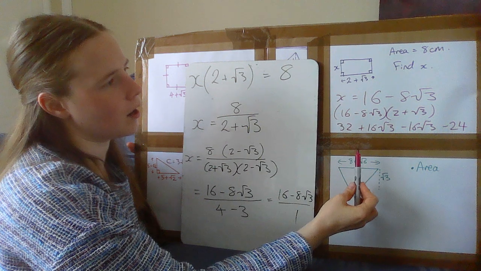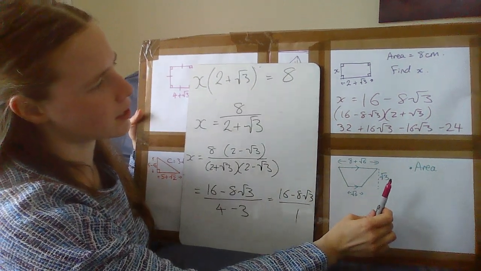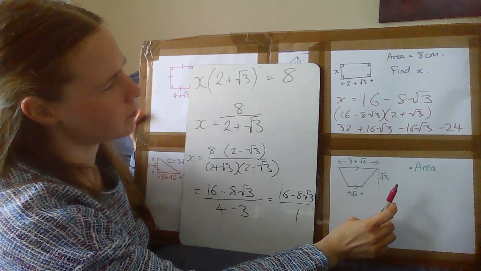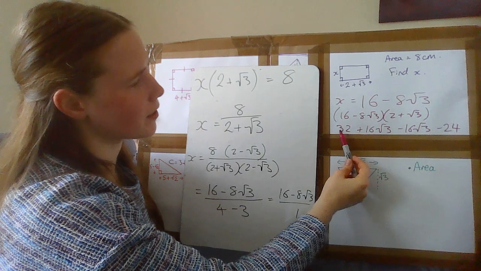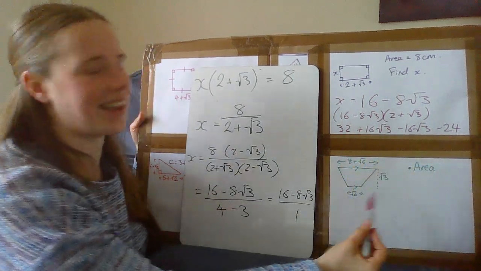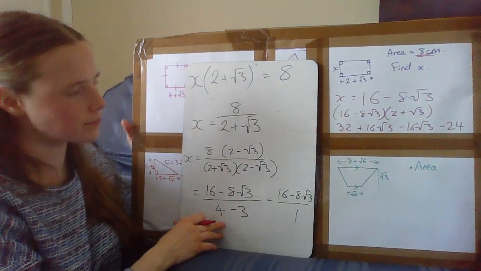So we've got 32 minus the 24, which gets us the 16. And we need a minus 8 root 3 there, sorry, hold on. So yeah, that's going to come out as 8, which is what we wanted because the area is 8, okay?